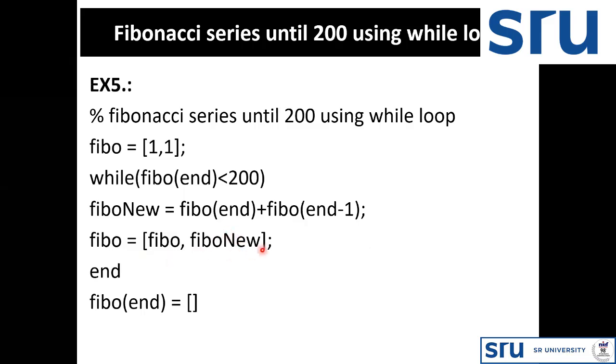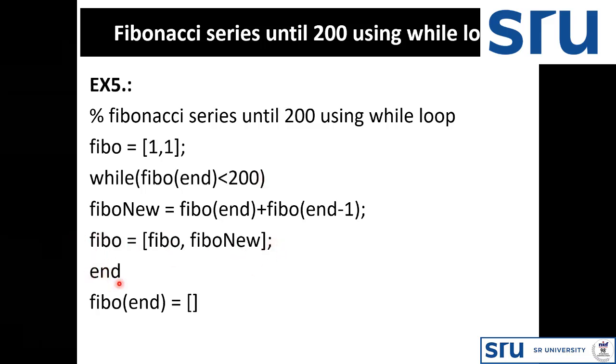So whatever exists till now, suppose the existing one was 1, 1, you now get the updated value, this 1, 1 along with the third position number. The third position number will be what? 1 plus 1, 2. So here the 2 will come. Similarly, until this condition is satisfied, this will keep coming.